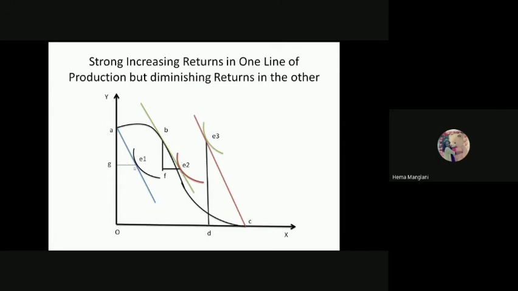Now see what the difference is between E1 and E2. The E1 point is available within the production possibility curve. This says that we are not using the potential of the production possibility. That is why this country has to shift to this B point to utilize their production possibility.